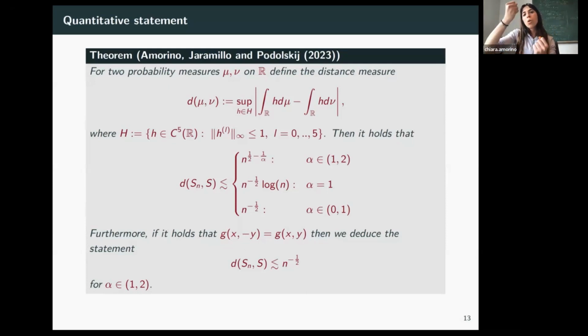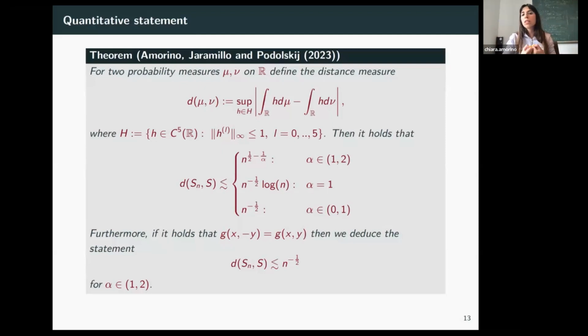So you can ask more on the process so that you can ask a bit less on the symmetry of G, or you can ask more on G and less of X. But what's really happening is that you have a mixed condition between G and X in the general case for a general Lévy. But here, life is beautiful, everything is nicer.